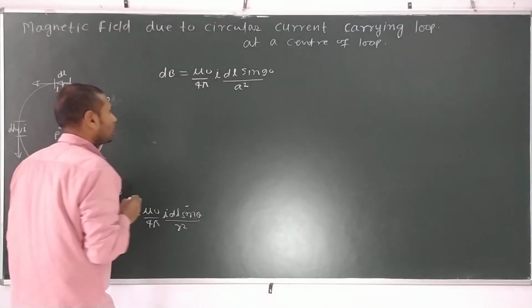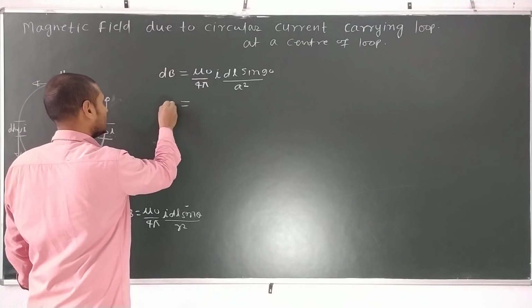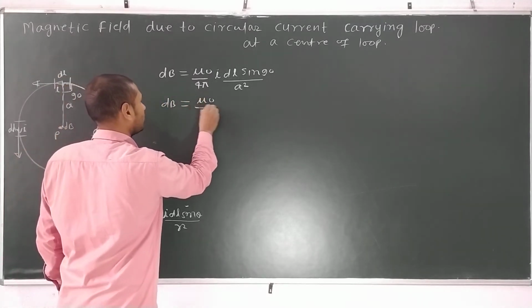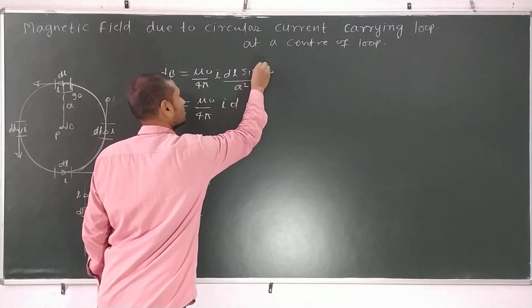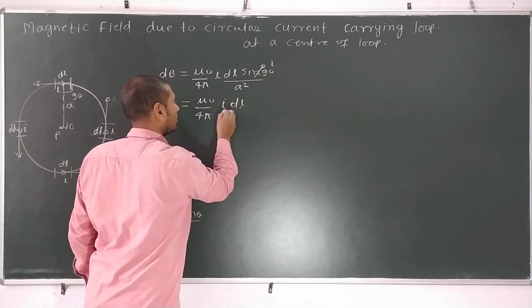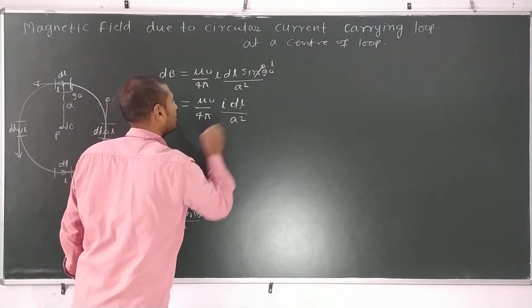From here we find that dB equals mu naught upon 4 pi, I dl sin 90, which is 1, divided by a square.